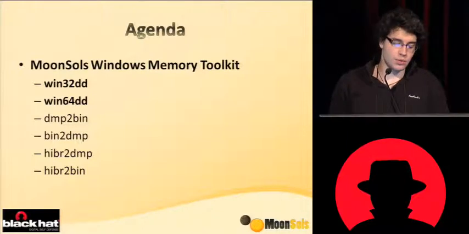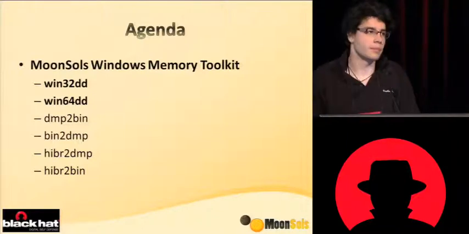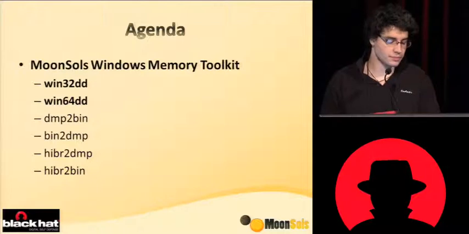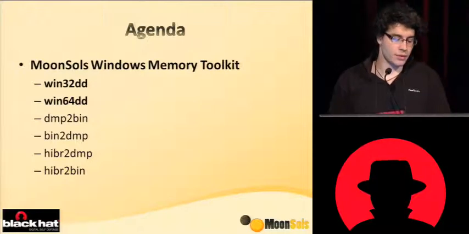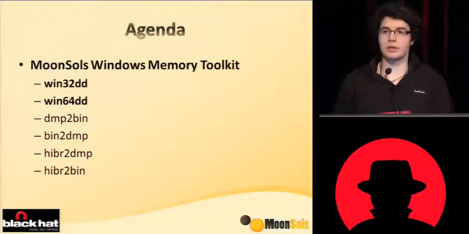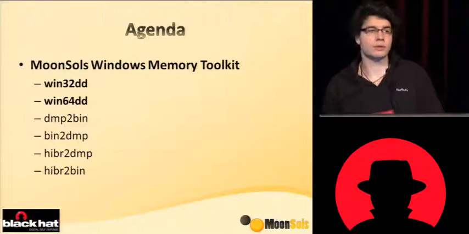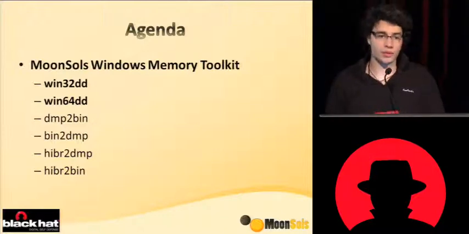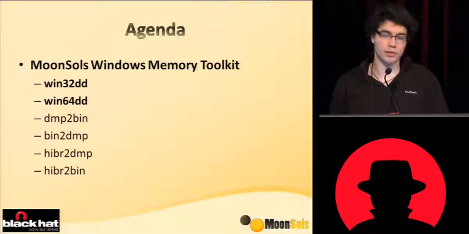There are also two tools for the Microsoft Hibernation file. The first one, Hiber2dmp, is going to convert directly a Microsoft Hibernation file into a Microsoft Crash Dump. And the second one, Hiber2bin, is going to uncompress the Windows Hibernation file.